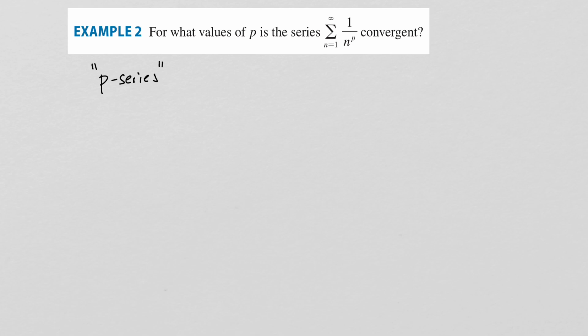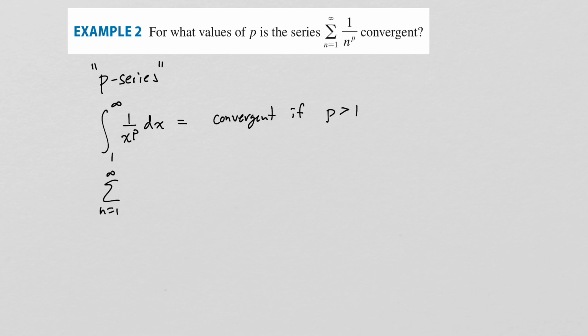And we've already discussed in the past that the integral from 1 to infinity of the function 1 over x to the p dx is a converging integral if the value of p is greater than 1. Therefore, the sum n equals 1 to infinity of 1 over n to the p will also be convergent if p is greater than 1.